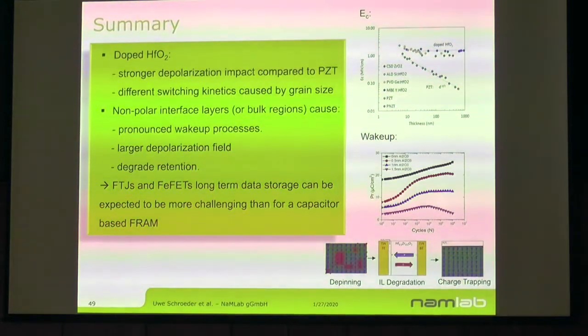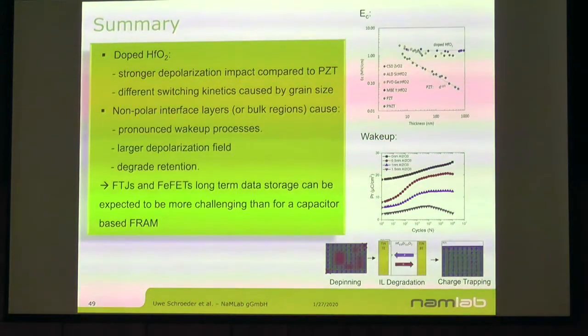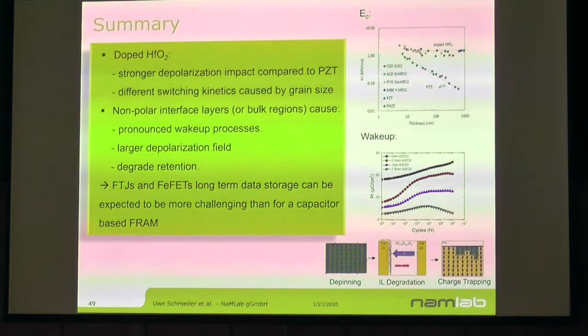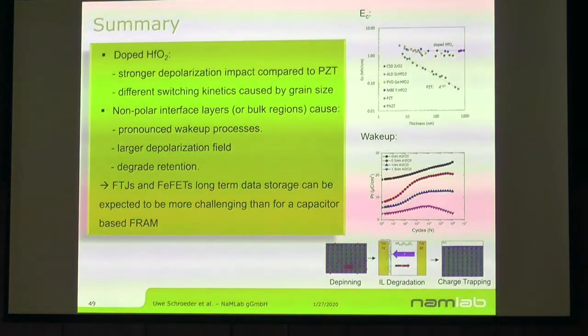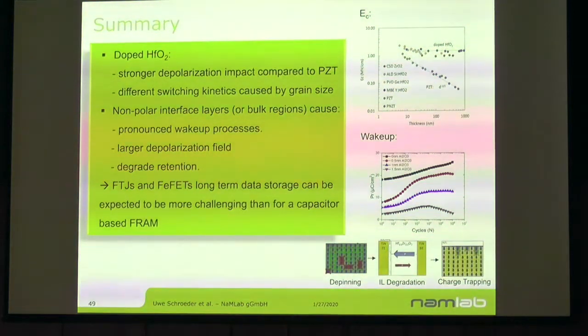This would be my current view on the topic. Probably we have to look a bit deeper, and it's probably related to the absence of the Kay-Dunn law in coercive field versus distance. Thanks.